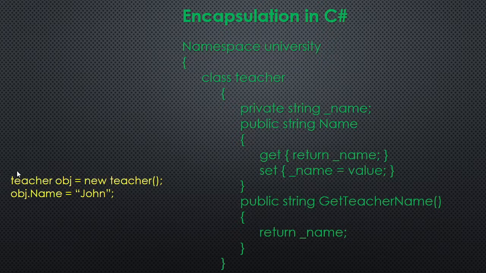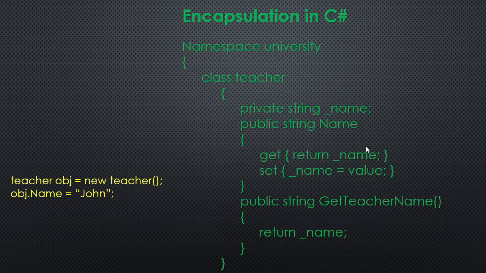Now let's look at this example. If we create an object from this class, and this object is called obj equals new teacher, so I have an instance of this class, and I can access everything public here, but I can't access the private variable.